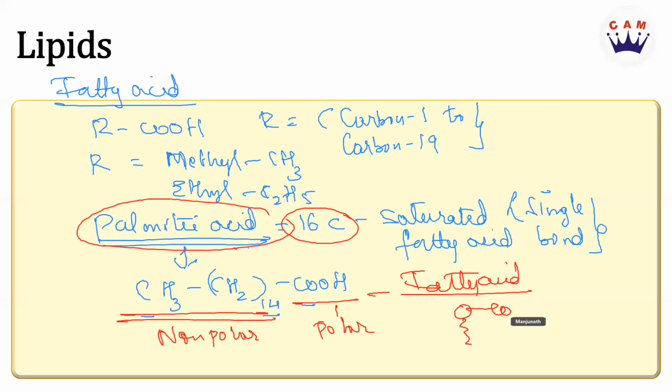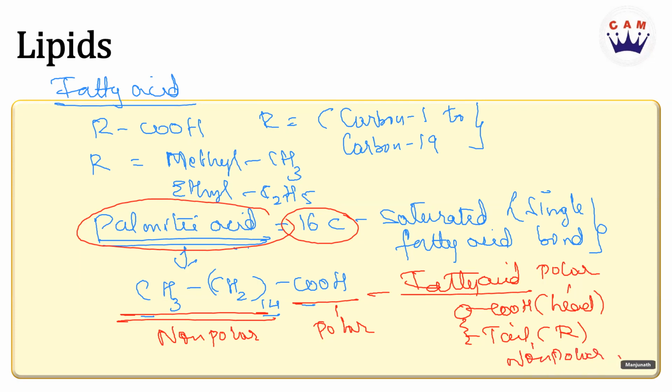The head is made up of carboxylic acid, whereas the tail is made up of what group? R group. Head is polar, tail is non-polar. Understood? Is it clear?